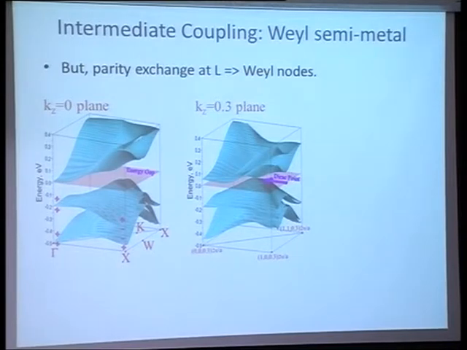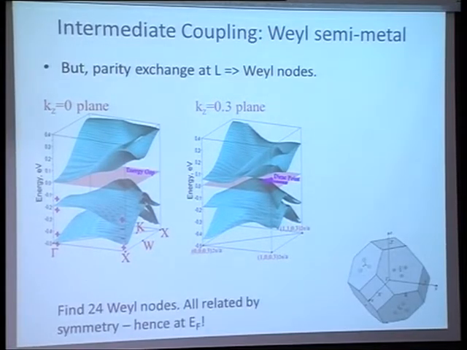If you go off those directions, you find there are points where the bands touch, these Weyl points in the band structure. Because of the high symmetry of this material, there are many of these Weyl points. There are 24 of them, in fact. But they're all at exactly the same energy, because you can relate any pair of them by a symmetry.